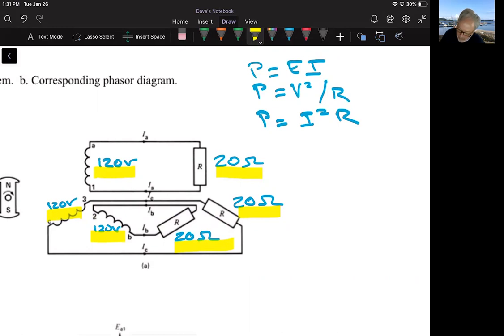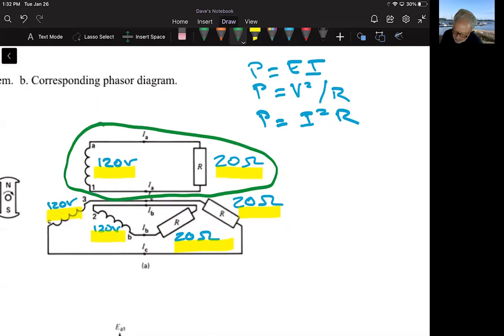So the first question, or part A in the problem, it's asking us what is the value of the power dissipated in each resistor. So all you want to do when you're working a problem like that, let's just look at this as a singular problem. Okay, and that's pretty straightforward, right?